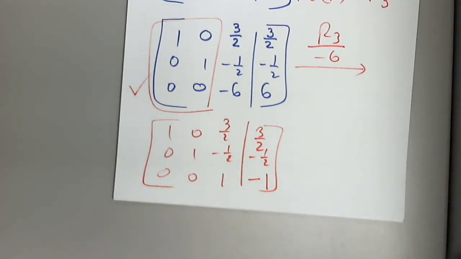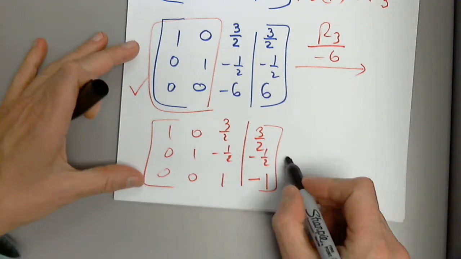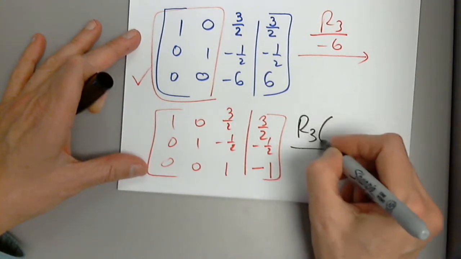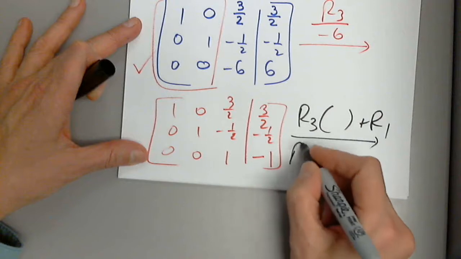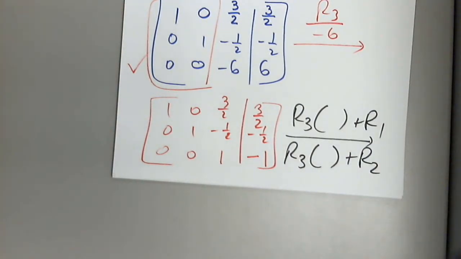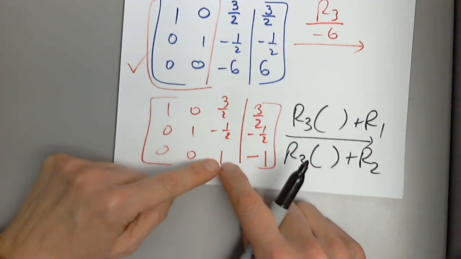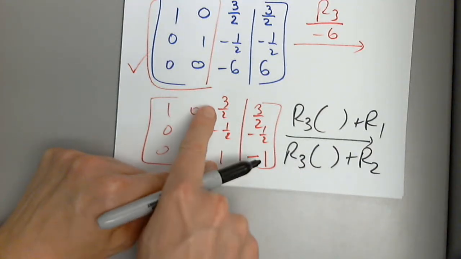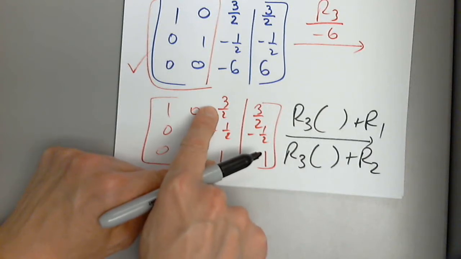Which row do I use now to eliminate the negative 1/2 and the 3/2? It has to be the last one, yes. Plus row 1 and row 3 multiplied by something and add it to row 2. Final step. What do I multiply row 3 by to eliminate 3/2?